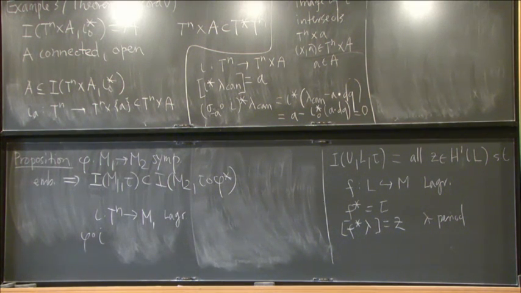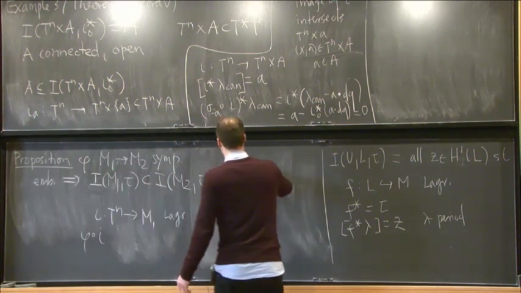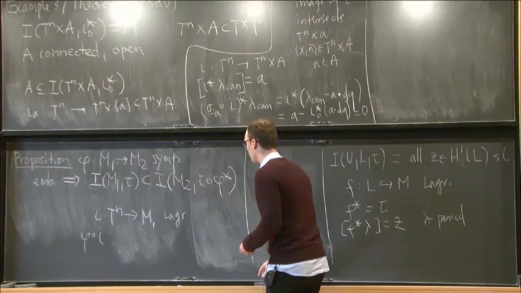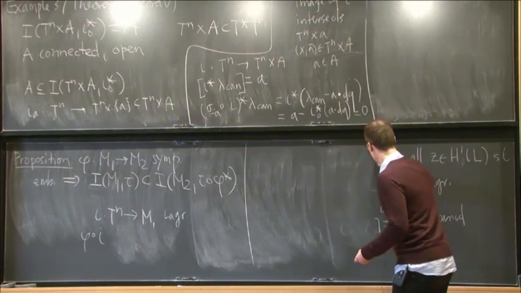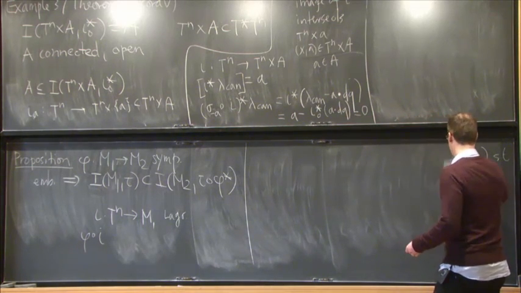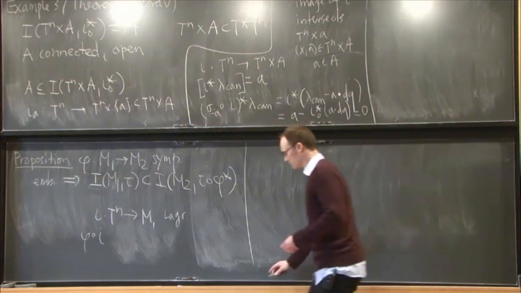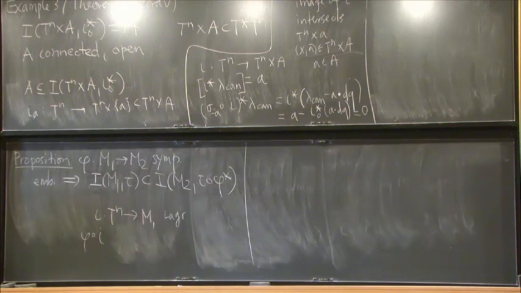Okay, so it's a symplectic invariant, and my claim is that the converse holds as well. If you have an embedding that preserves the shape, then it must be symplectic.